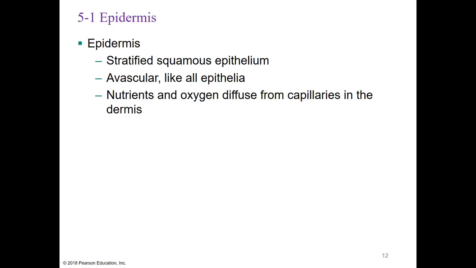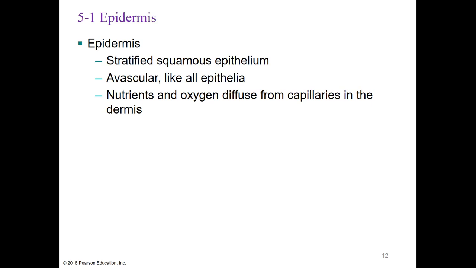So starting with the epidermis and going into a bit more detail, the epidermis is made of stratified squamous epithelium. And if you remember from chapter 4, stratified means many layers. Squamous is thin and flaky.